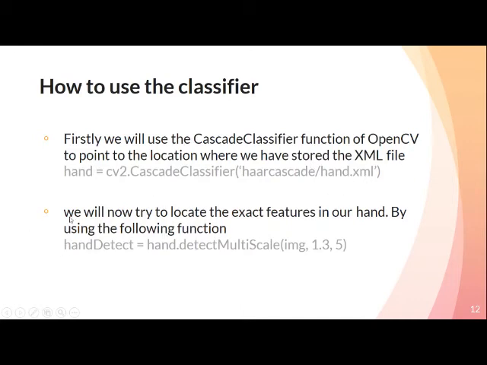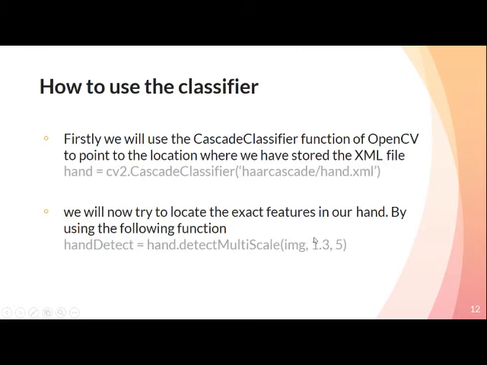Then we will use a different function, detectMultiScale, that has three parameters. The first one is the image on which we want to find the object. The second is the scale factor, and the third is the minimum number of neighbors.